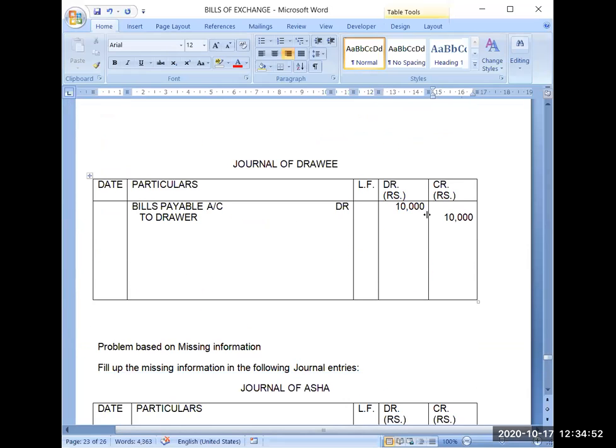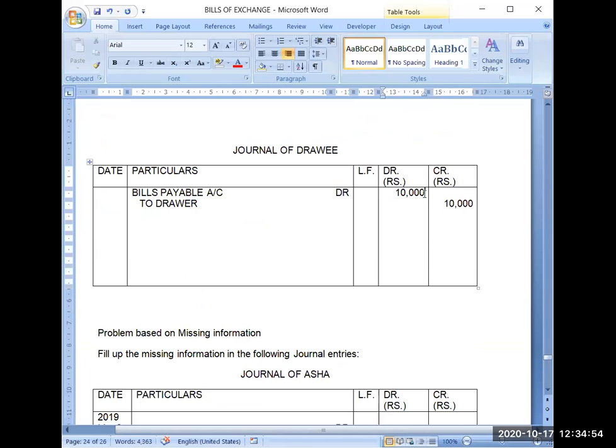Then drawee will be notified for that purpose, and drawee will book this expense. So this expense name is noting charges account debit 100 to drawer. Now drawer, earlier he was creditor for only 10,000. Now he will become creditor for 10,100.